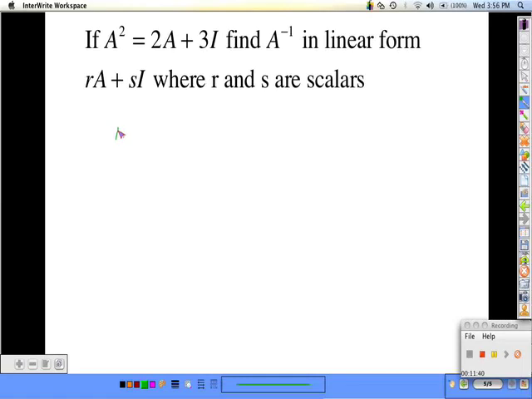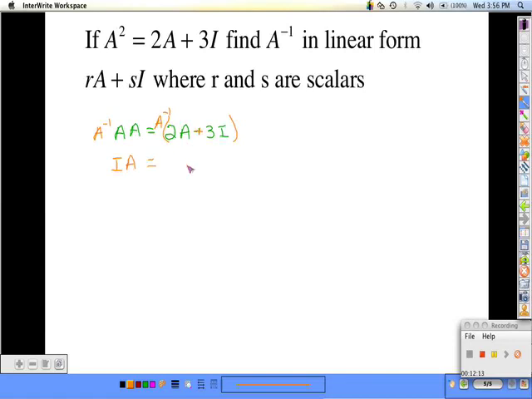So I don't want to replace that. But I can do A times A instead of A squared. And then I can multiply by A inverse. And what I get here is those A's will cancel out. That is giving me the identity.